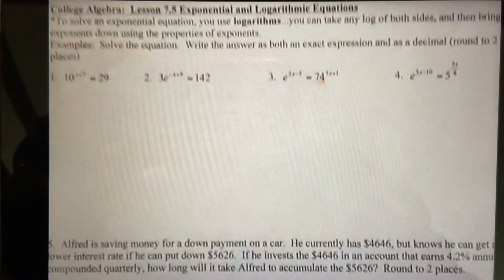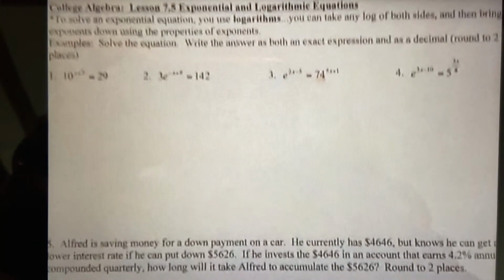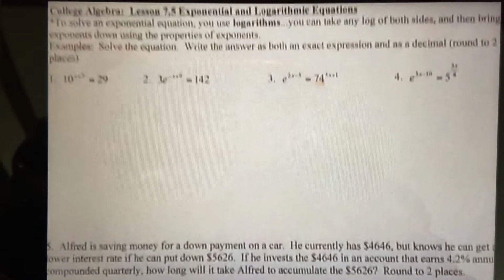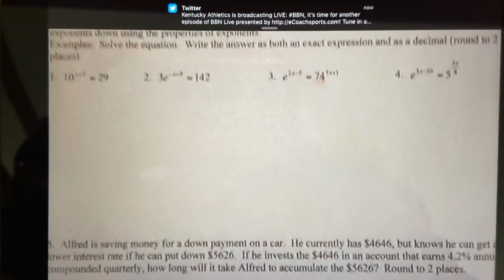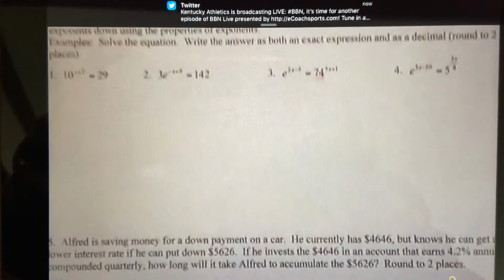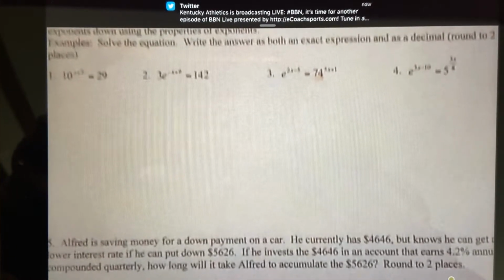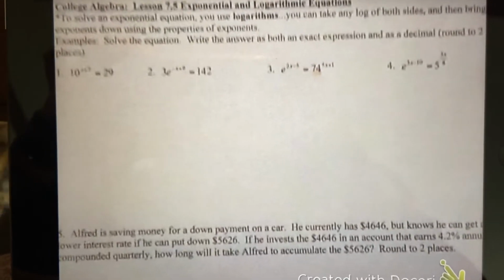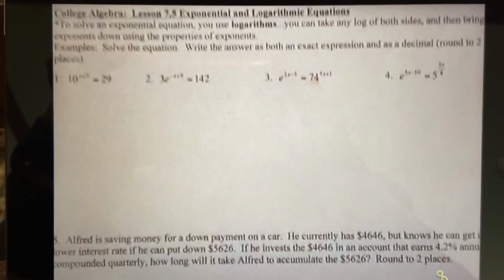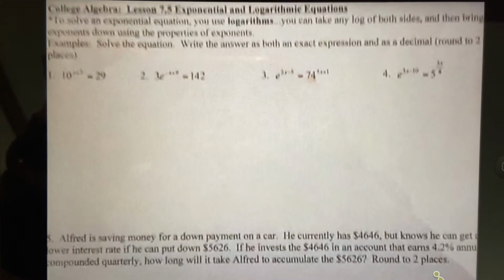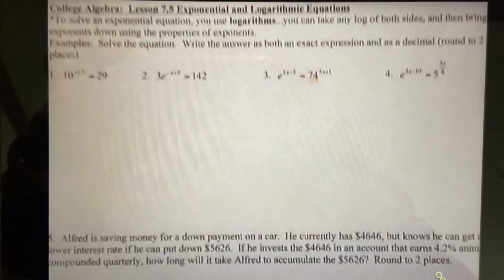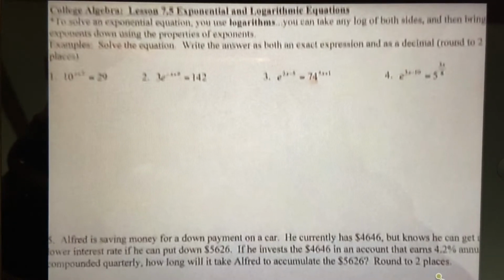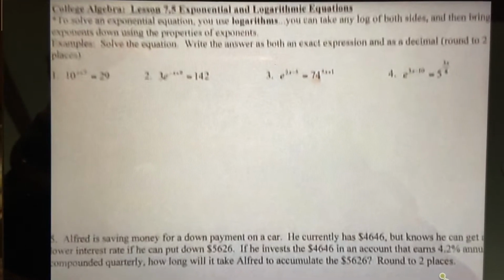If you have an exponential equation, remember the opposite of an exponent is a logarithm. So I'm going to take the logarithm of both sides of my equation in order to eventually solve for x. I'm going to walk you through these first 4, and because I'm limited on room, I'm going to do number 1, then erase it and do number 2. That way I've got plenty of room.